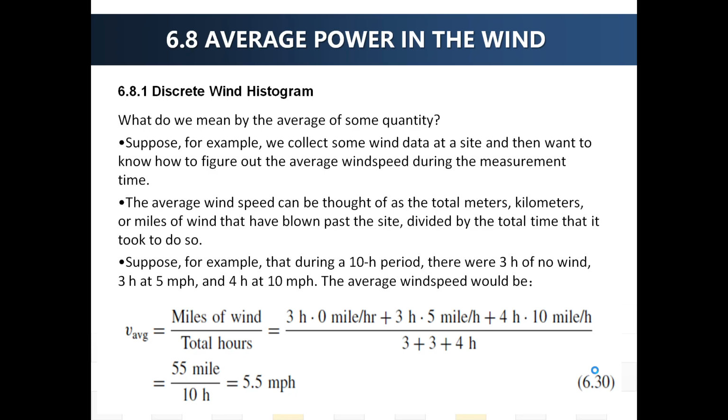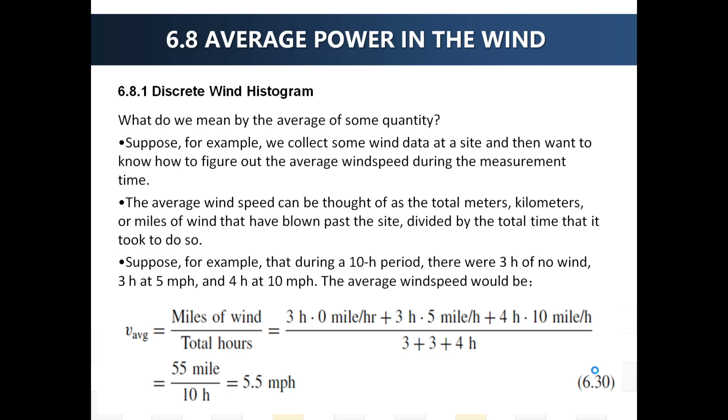Discrete wind histogram. What do we mean by the average of some quantity? Suppose, for example, we collect some wind data at a site and then want to know how to figure out the average wind speed during the measurement time.